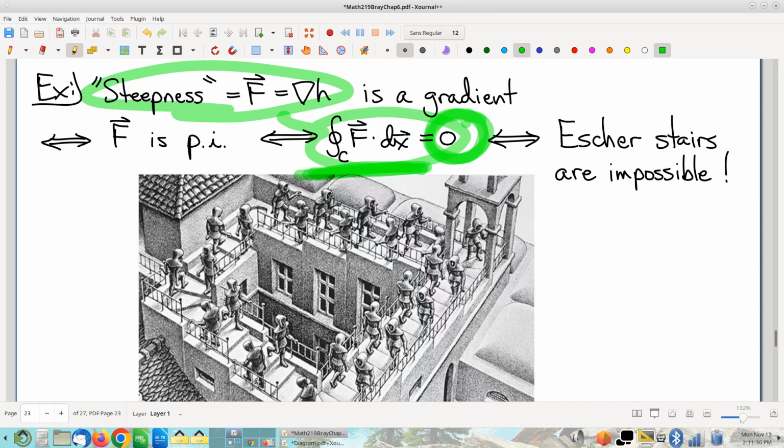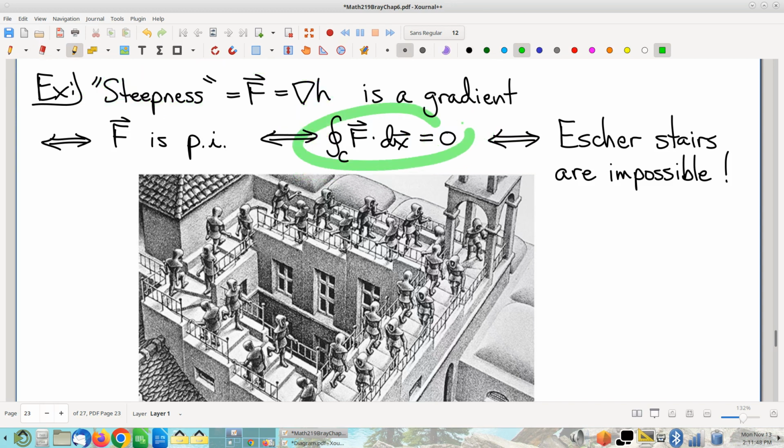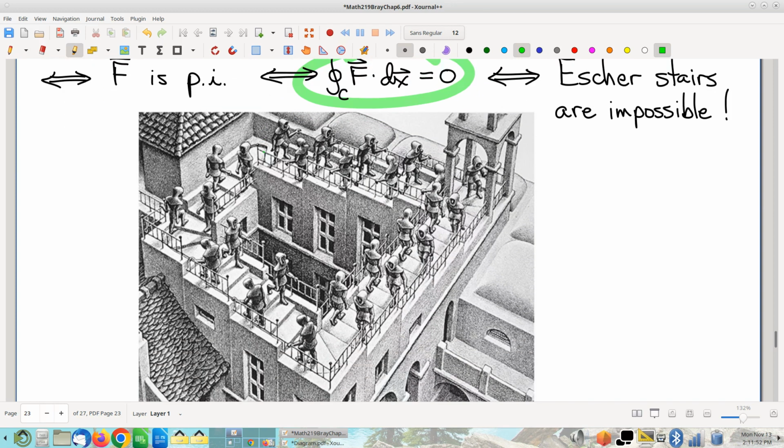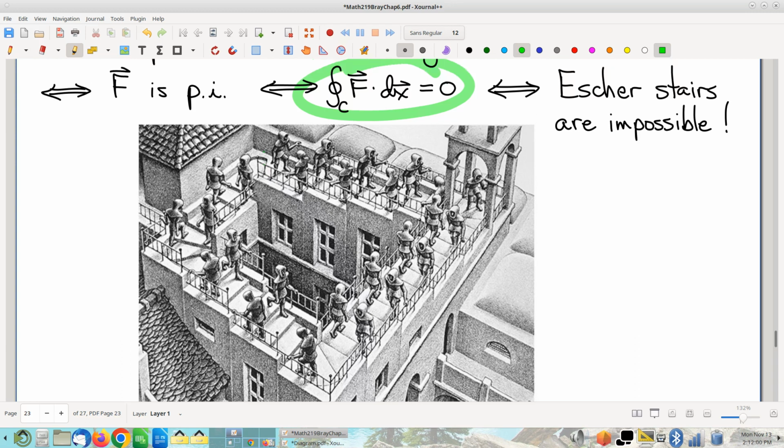calculus version of a statement that should be intuitively kind of immediate, right? Okay. So, nevertheless, it is a calculus statement about what in this drawing here is presented as being possible when in fact it isn't. So I don't know if y'all are familiar with the artist named M.C. Escher.